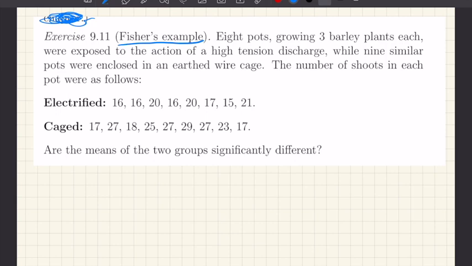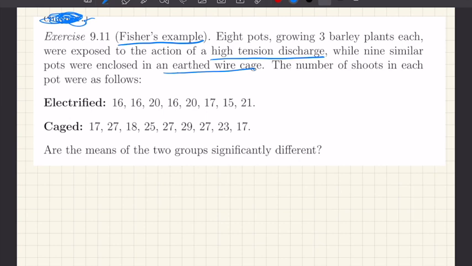Anyway, 8 pots growing 3 barley plants each were exposed to the action of high tension discharge, while 9 similar pots were enclosed in an earthed wire cage. So there are different sets of plant samples.